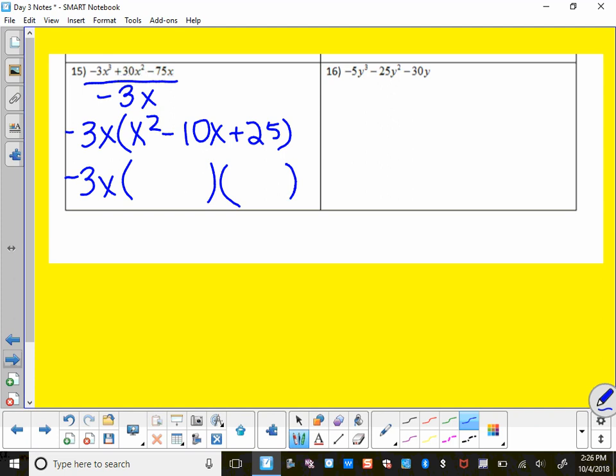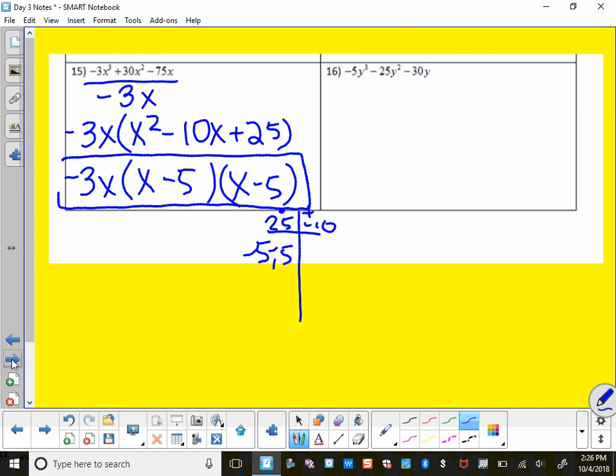What do you guys get when you factor this? We need two numbers that multiply to give me 25 and add to give me negative 10. 5 and 5, both negative, right? So x minus 5, x minus 5. Okay?